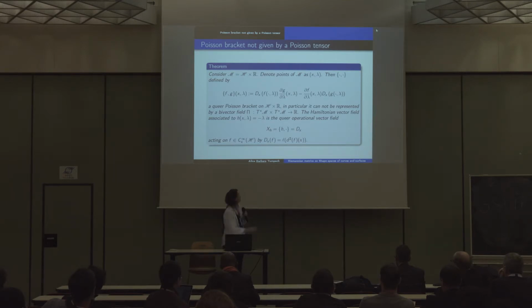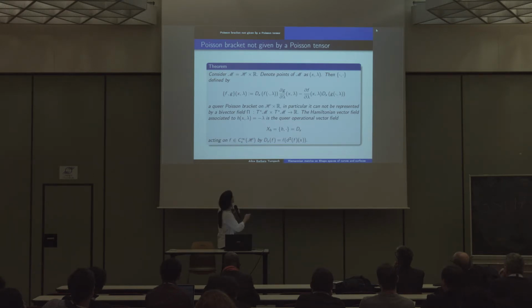So this goes like this. You define a Poisson bracket like the commutator of derivations, dx here times d over d lambda, where lambda is the parameter in the R direction, minus df applied to the derivation of f in the direction of lambda, multiplied by dx applied to g.